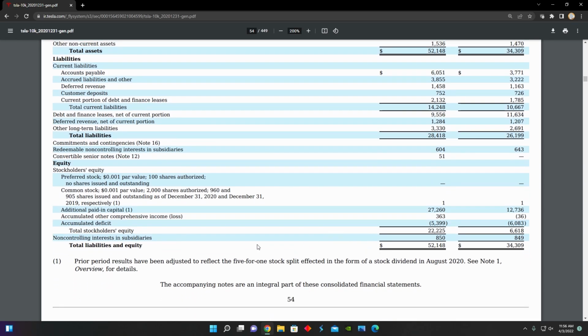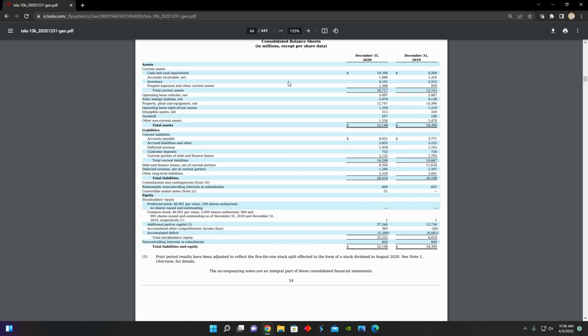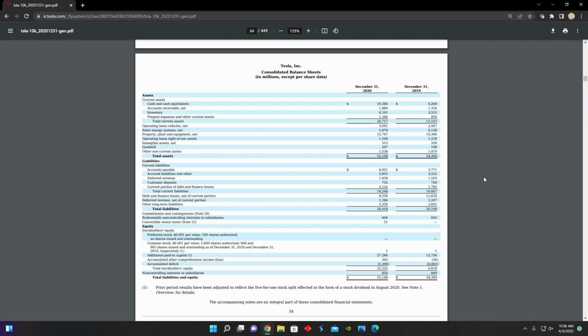And then lastly, we see right here, prior period results have been adjusted to reflect the 5-for-1 stock split in August 2020. This basically just is a note letting us know in the financial statements that some of these values might have been adjusted to account for the 5-for-1 stock split. But in the case of the balance sheet, it didn't really have much effect because the 5-for-1 stock split will affect shares outstanding and things like that.